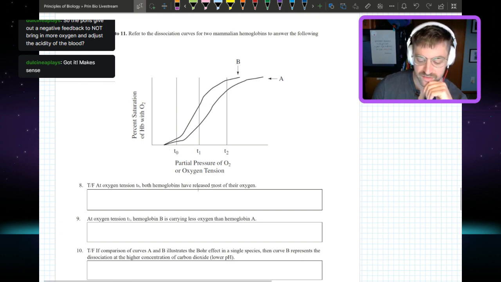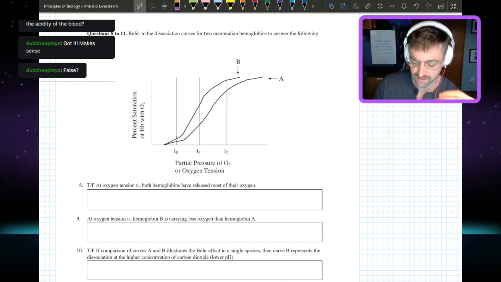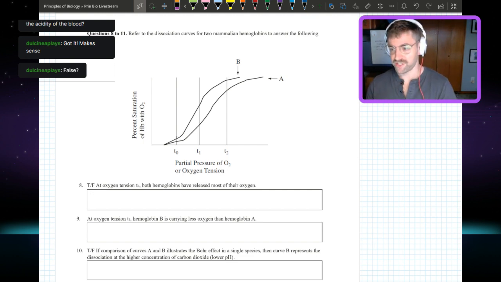Keyword here is released. On our vertical axis, we've got percent saturation of hemoglobin with oxygen. So a low percentage of saturation means there's not much oxygen on there. So at oxygen tension T0, both hemoglobins have released most of their oxygen. That is true because there's not a lot of oxygen on there to begin with.